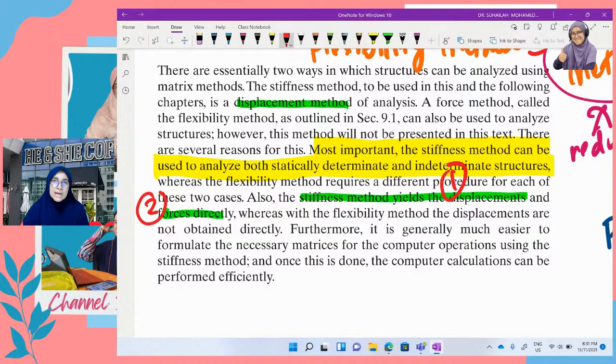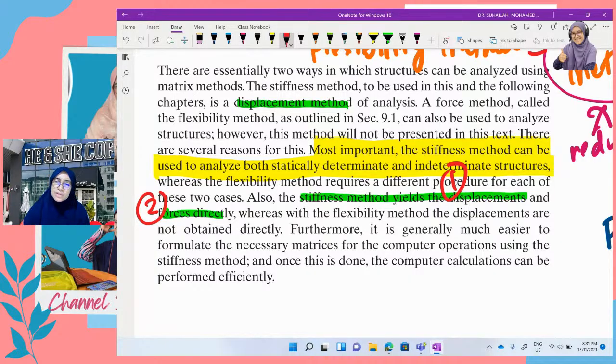For example, when we solve indeterminate structures using the flexibility method, we will get all the reactions, but we cannot calculate displacement. In order to calculate displacement, we have to apply another method called the unit load method or principle of virtual work. And using this, we can only get one displacement at one time.